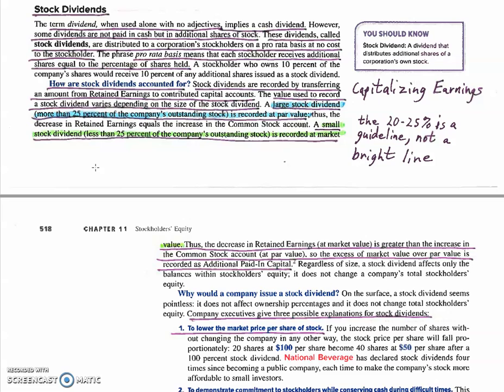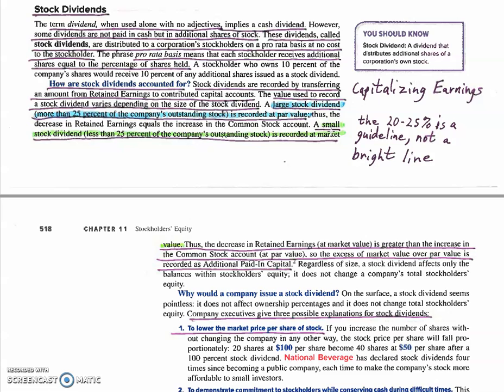We debit dividends, credit common stock distributable, which is a liability account kind of. It's really more of an owner's equity account, but temporary, and crediting additional paid-in capital in the case of a small stock dividend.